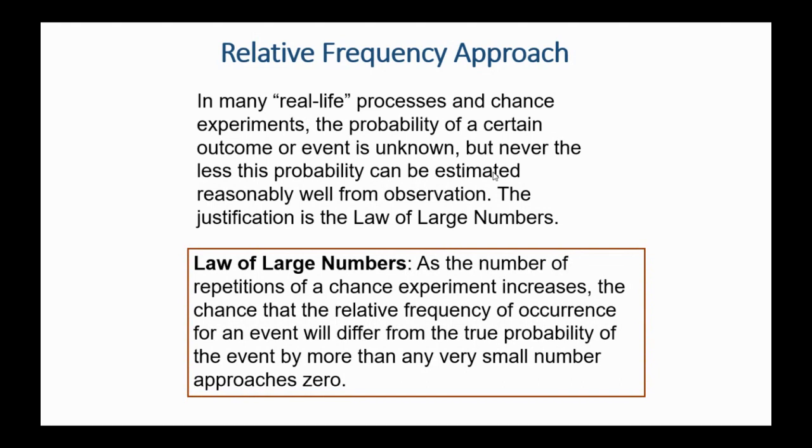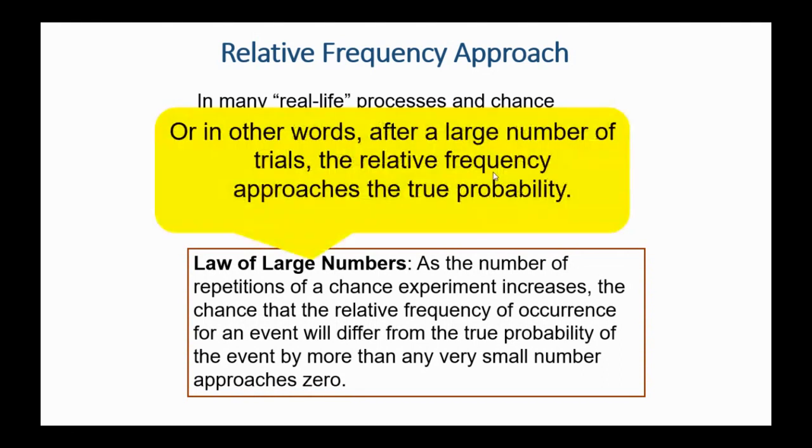So that's just a bunch of gobbledygook. In other words, let's put it into language that we can actually understand. After a large number of trials, the relative frequency approaches the true probability.